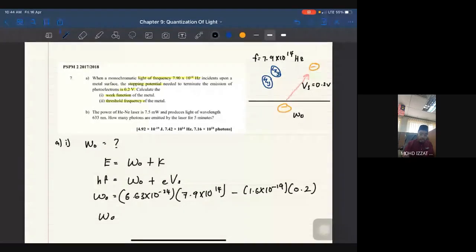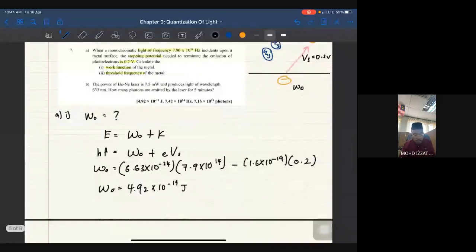You should get 4.9, which is sama dengan yang jawapan dalam buku kamu tu lah. 4.92 times 10 to the power of negative 19 joule. So, everything is in the SI unit, including the final answer.